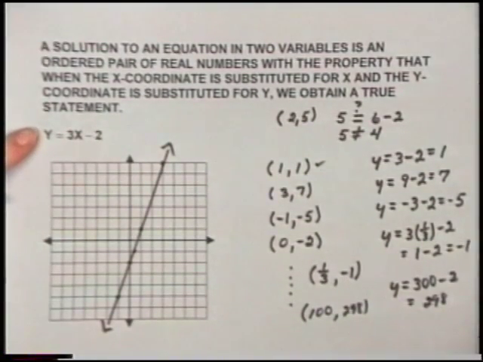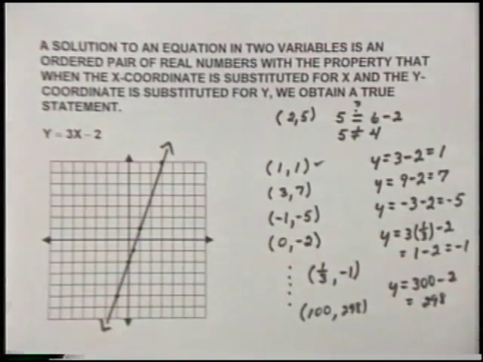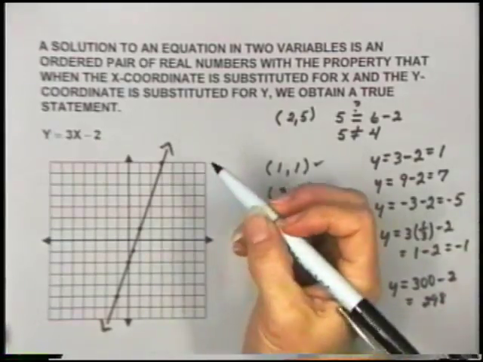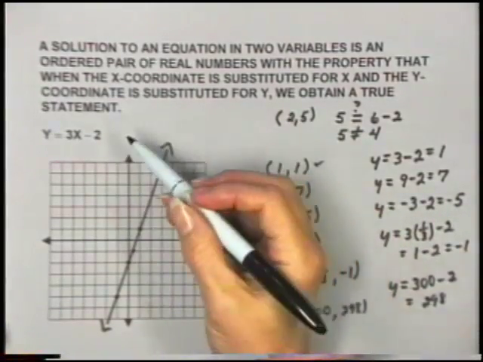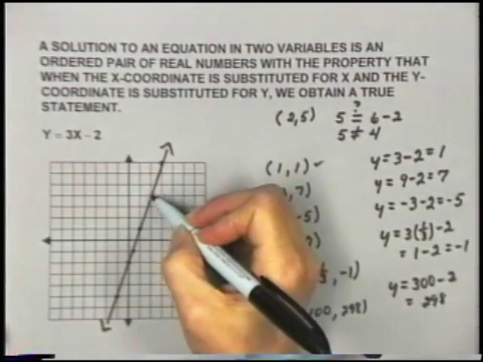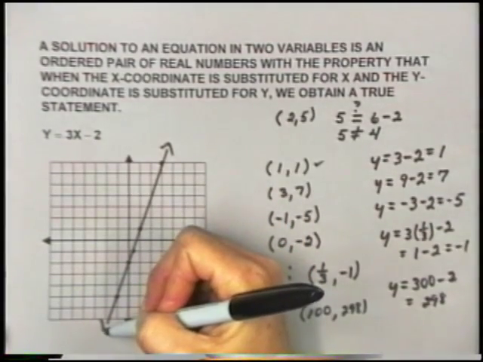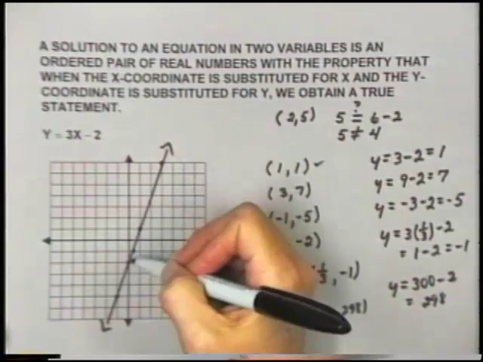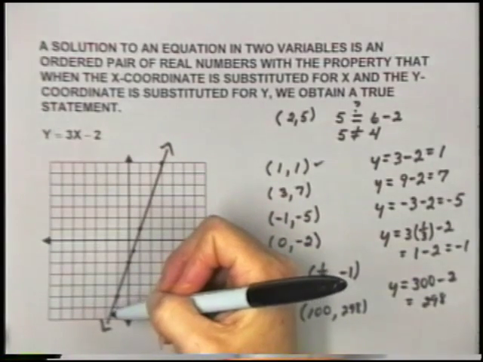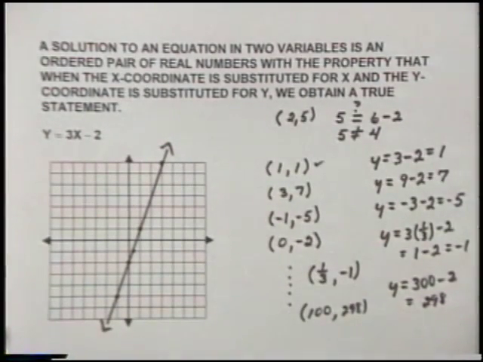And that might be one reason that we call this equation a linear equation, because its picture is a line. All of the solutions to this equation will be somewhere on this line. And vice versa, if you pick any point on this line, the coordinates of that point will be a solution.